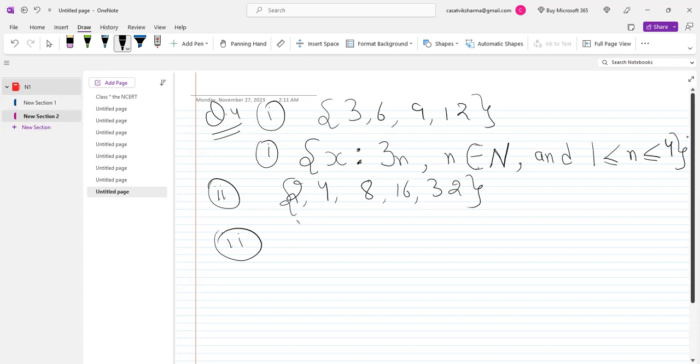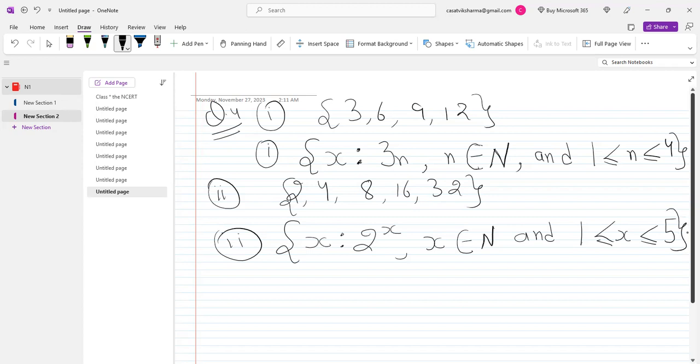Okay. x such that x is 2 to the power n, where n is a natural number, and n can take values greater than or equal to 1, less than or equal to 5. Why 5? Because 2 to the power 5 is 32. Good.